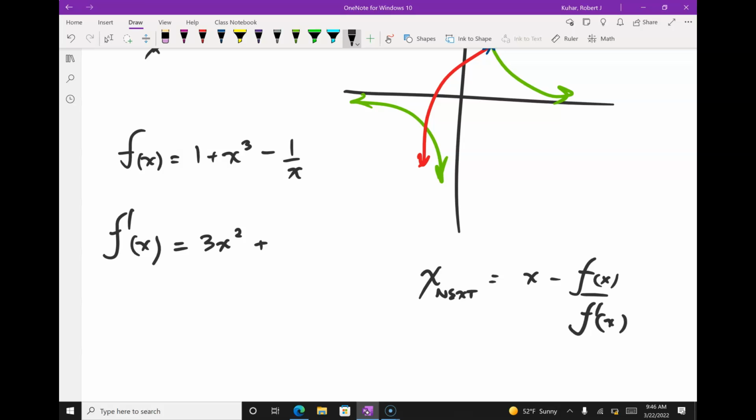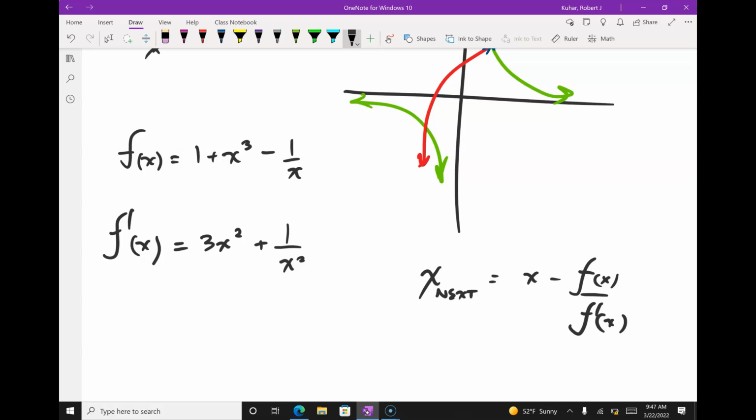Nope. Huh? 1 over x squared. Thank you. I was going to ask who taught you Calc 1? I did. So there it is, there's my derivative. Everyone agree? Hello? Does everyone agree? Yes?